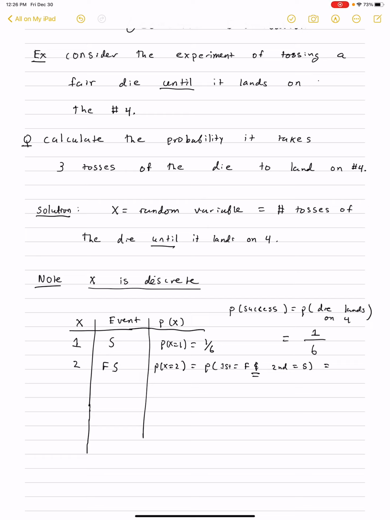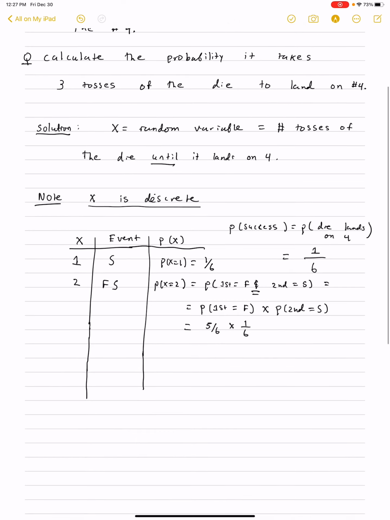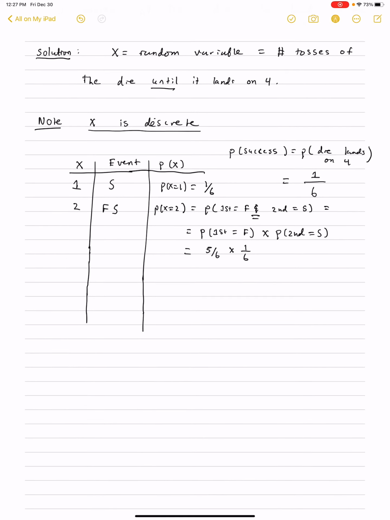One fair die toss does not affect the next toss. So the probability of first is failure times the probability of the second is success is 5/6 times 1/6. That's the probability X is 2.